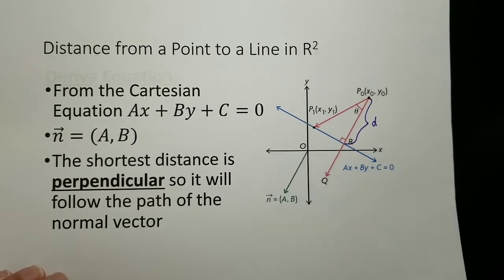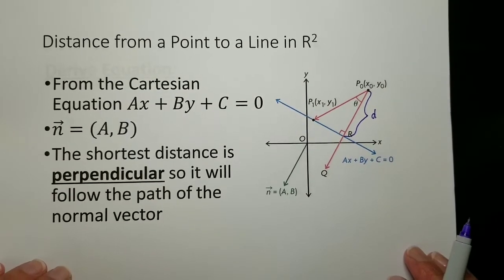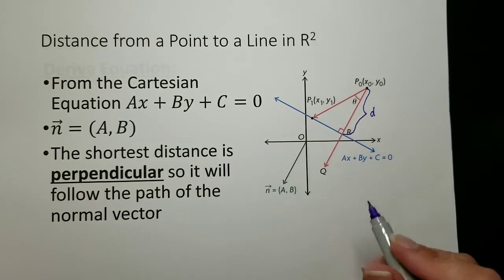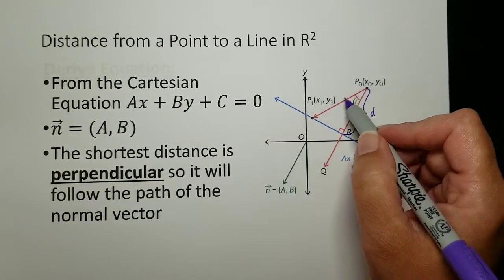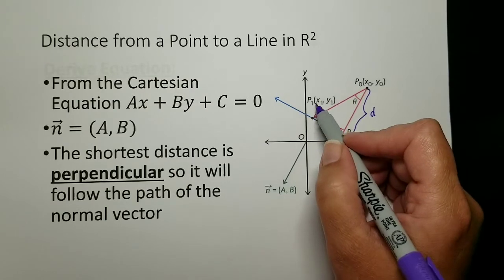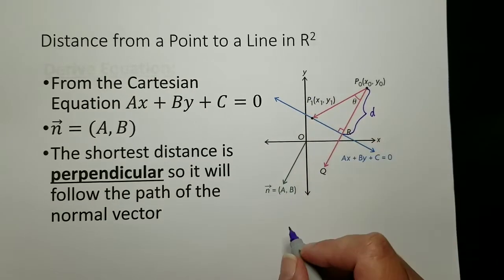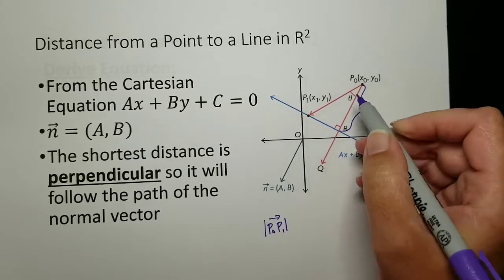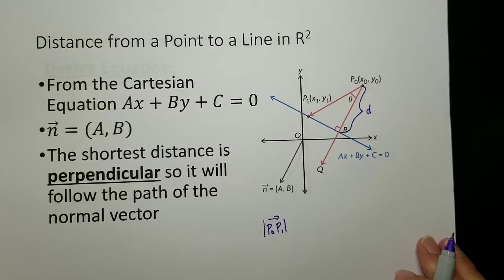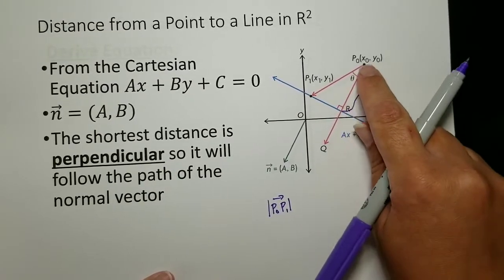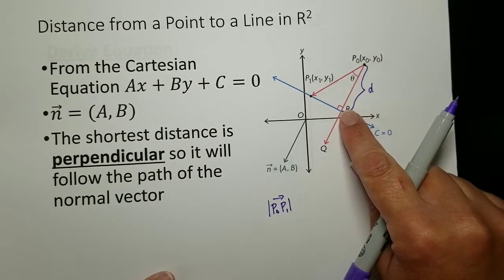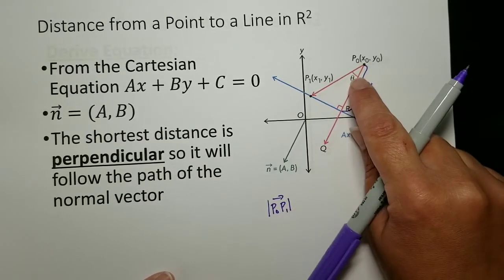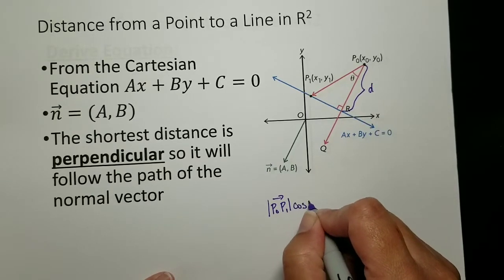So we're going to use that to find an equation for distance. It's fair to point out that the magnitude of the vector P naught to P1, where P1 is some point on the line, is the hypotenuse, and the distance over this magnitude equals cos theta.